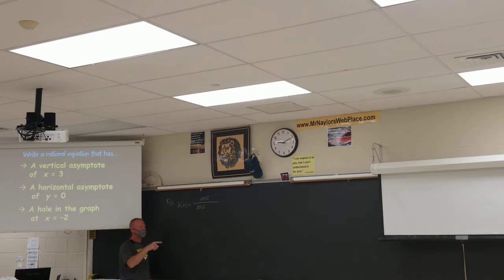Now we had some people last period ask, how'd you know it was x plus 2? Well, we're just thinking backwards, because basically -2, when plugged in there, is going to give you a 0 in the denominator. So we're trying to write an expression that's going to give us a 0. The vertical asymptote has to catch your attention. It's been one of the big ideas this chapter. That's going to also contribute to the denominator.